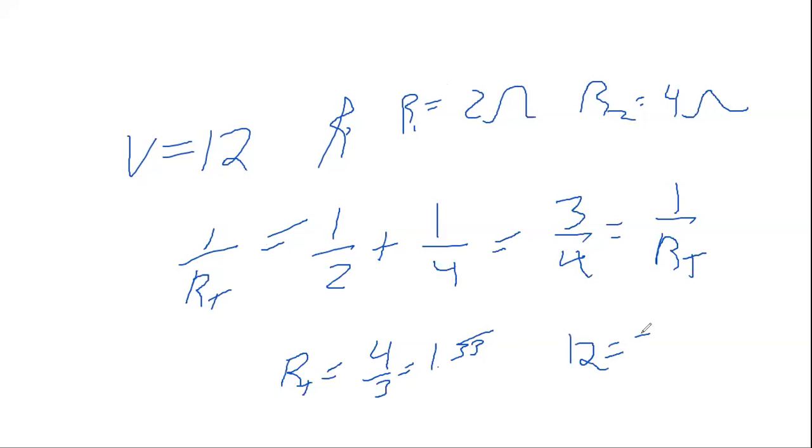The voltage, 12, equals I times 1.33. If we solve for I, we end up with 9.02 amps, or basically you could say 9 amps. That's what happens if it's not a perfectly whole number.